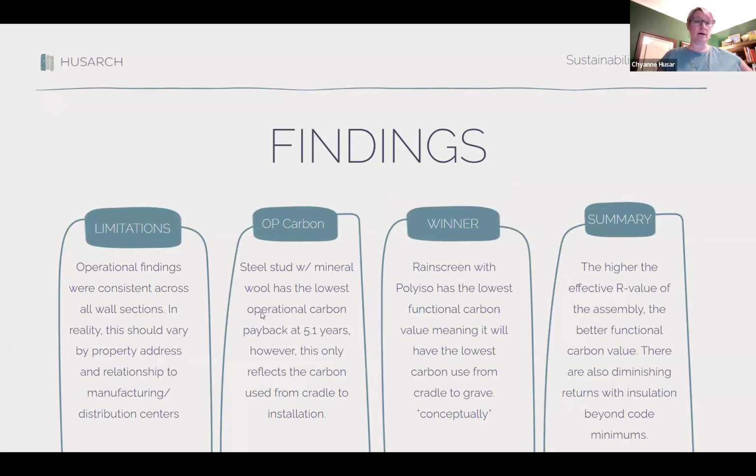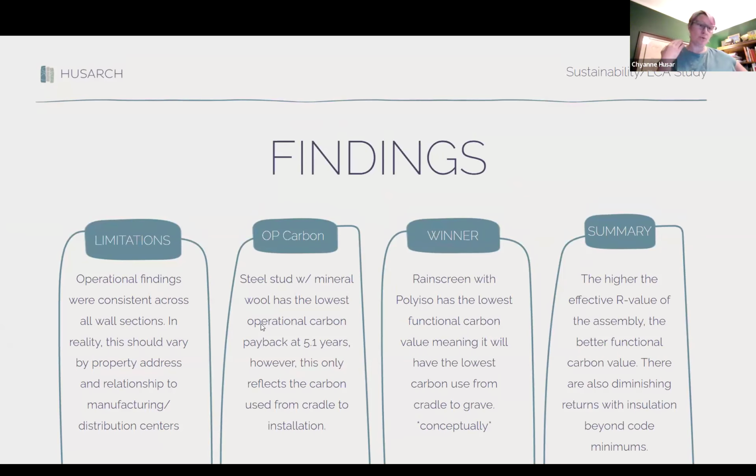So that being said, we did have a couple of limitations. If you look at our findings, our operational carbon was consistent across all models. I need to dig into that in terms of the next steps, because really what should be happening is it should be looking at the location of your finished building and taking into account where that material is manufactured.